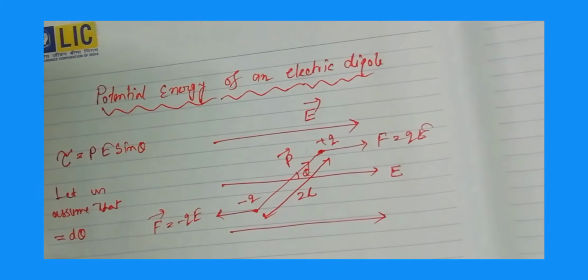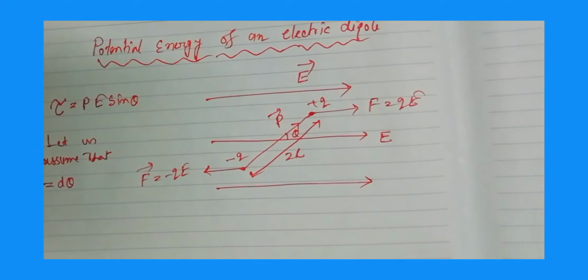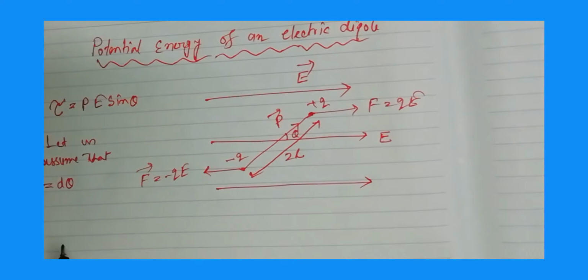This d theta we can say is a displacement. We already learned about angular displacement in class 11, so this d theta represents the angular displacement.